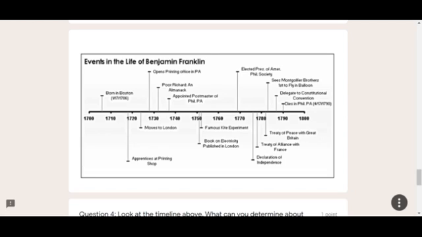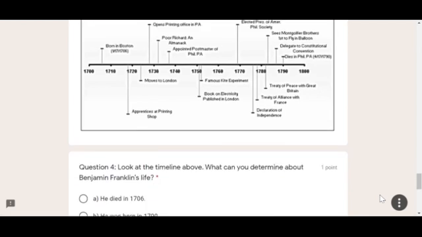The next event, Treaty of Peace with Great Britain. The next event, sees Montgolfier brothers first to fly in a balloon. The next event, delegate to Constitutional Convention. The last event, dies in Philadelphia, Pennsylvania, April 17, 1790.